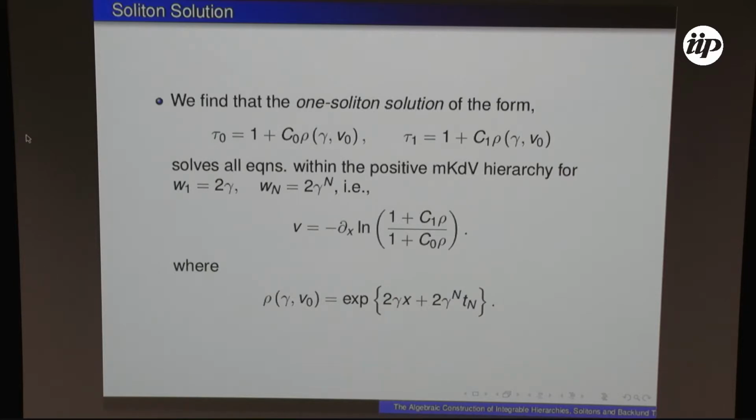And now you can see that this formula solves all the equations I have given in the beginning. For n equals 3, if you differentiate with respect to t3, you bring down gamma cubed. But then you need to differentiate 3 times with respect to x to bring another gamma cubed.